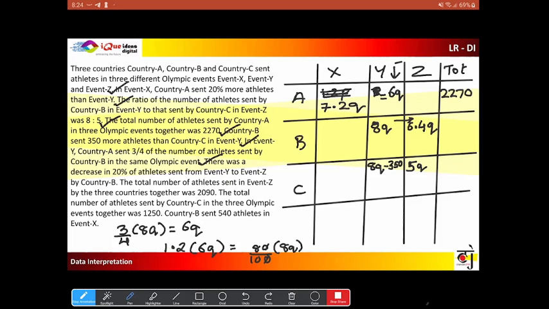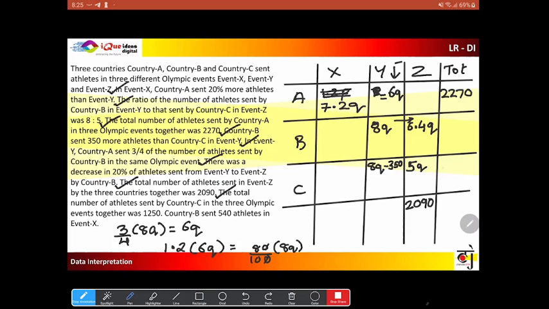Okay. Next, the total number of athletes sent in event Z by the three countries together was 2090. So can I say in Z the total number of athletes is 2090? यहां तक तो ठीक ठाक ही है. Now the total number of athletes sent by country C in the three Olympic events together was 1250.